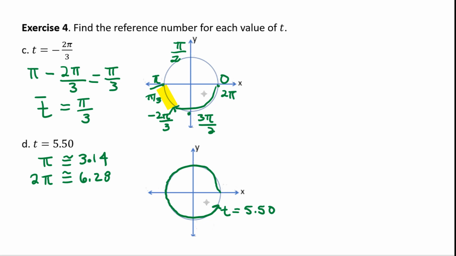We are looking for the difference or the distance between this t value and the x-axis. So use the approximate value of 6.28 for 2 pi minus 5.50, the given t value, and that would be 0.78.